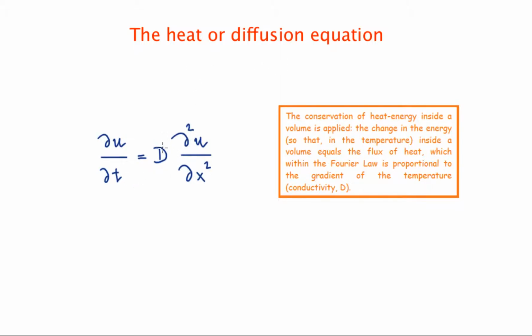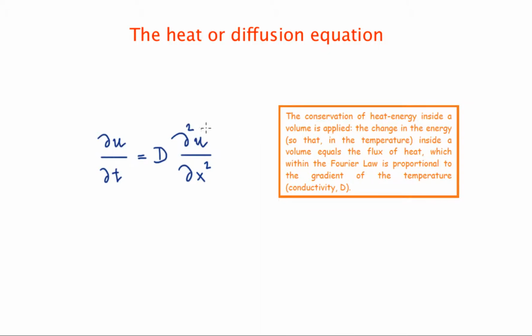This D will be just a constant, but in general, of course, it could be any function of x and time. And as always, all the equations are based on some principle that we have to apply in order to derive that equation. Here, it's based on some physical principle, but it's completely natural.